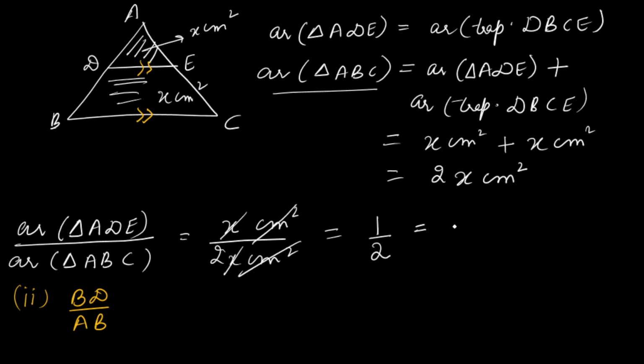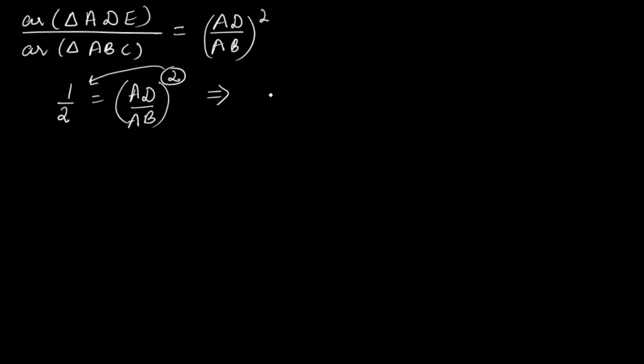This is equal to 1 by square root of 2, because when you shift the square to the other side it will be a square root. So this is equal to AD by AB.